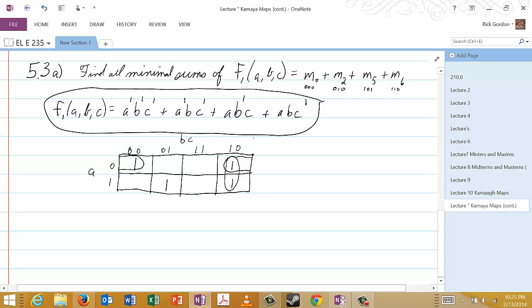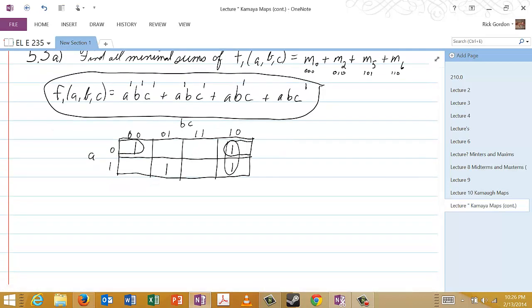If you identify a grouping that is entirely contained within another grouping, you don't count it as a grouping. It doesn't count as a prime implicant. But if it merely overlaps with an existing grouping and has some of its 1 cells inside an existing grouping and some outside that pre-existing grouping, that's okay. And so that's why in this case we can go ahead and use this second grouping.